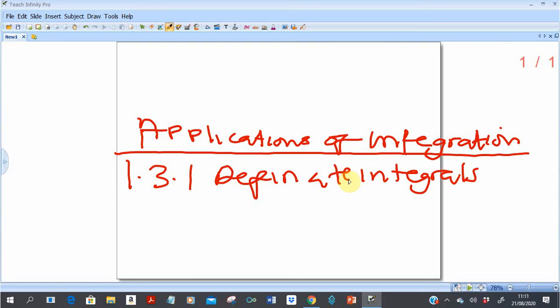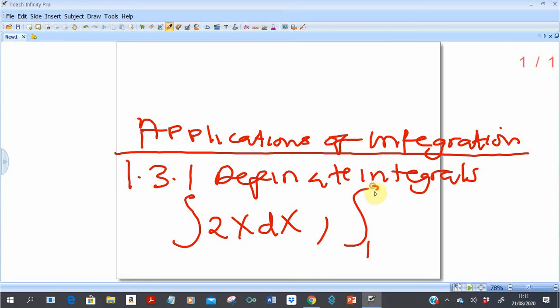Okay, so we have always looked at a case such as this, maybe the integral of 2x with respect to x. Now, for definite integrals, we put limits, say from 1 to 2, the integral from 1 to 2 of 2x dx.